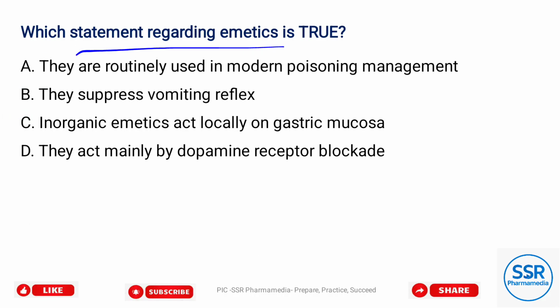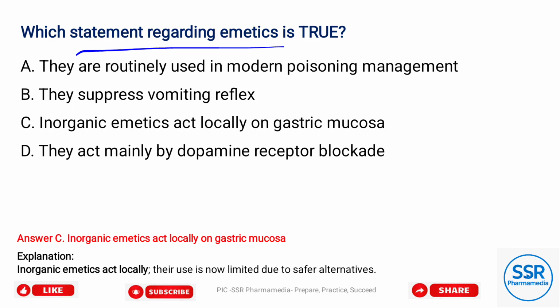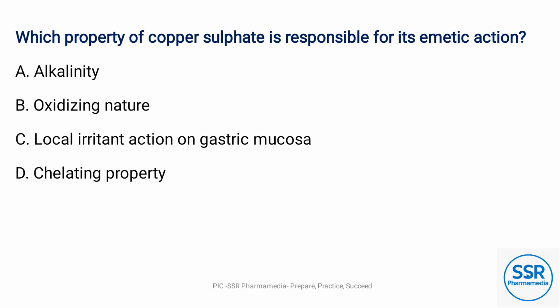Which statement regarding emetics is true? Option C, inorganic emetics act locally on gastric mucosa. That is the only correct one; the remaining are all wrong. Which property of copper sulfate is responsible for its emetic action?